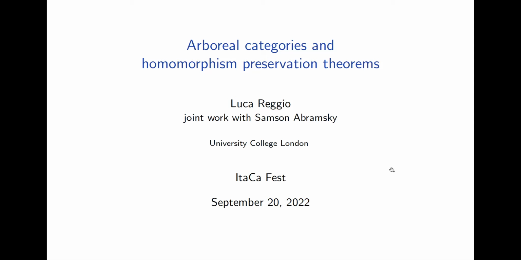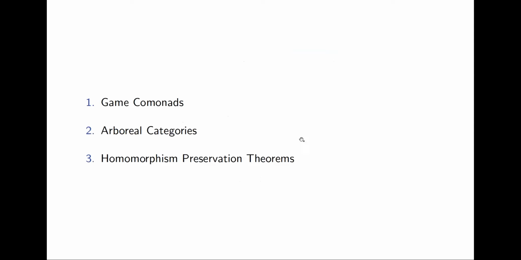Thank you. So the topic for this talk is a categorical approach to homomorphism preservation theorems, which is a family of results in logic. And the categorical approach is based on the notion of arboreal category. And in order to motivate this notion, I should first tell you a little bit about game comonads.